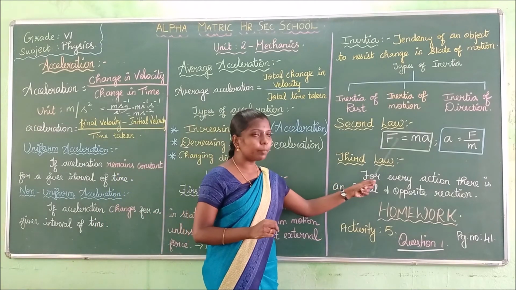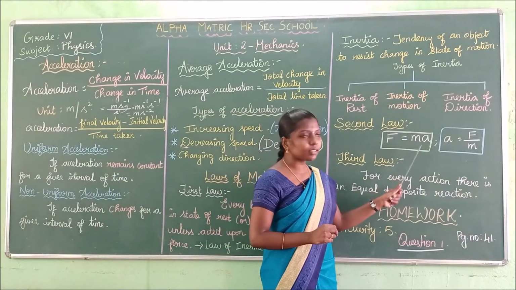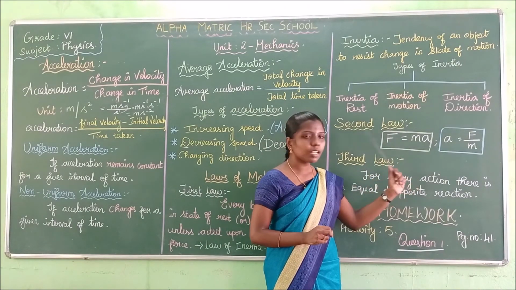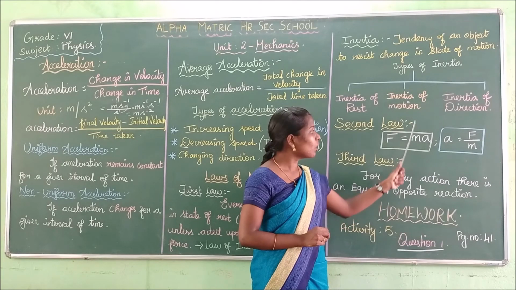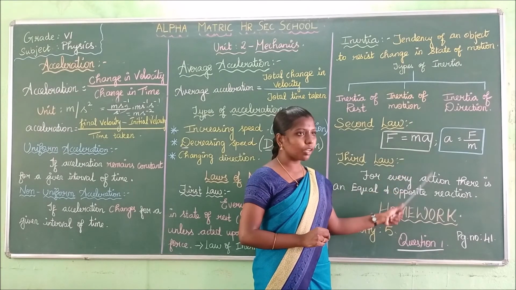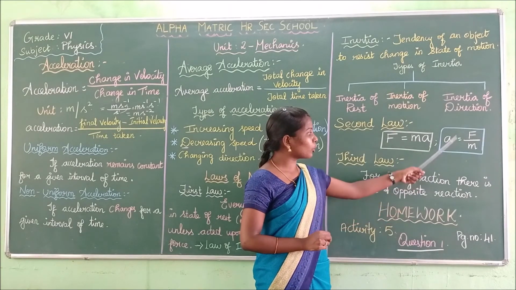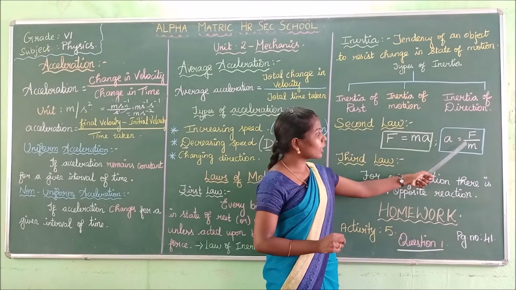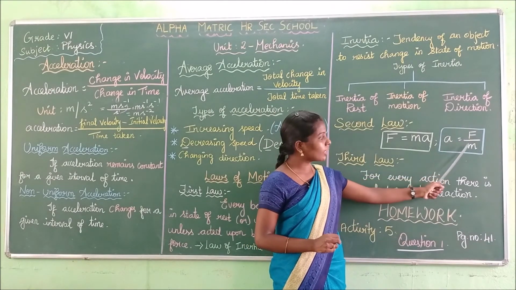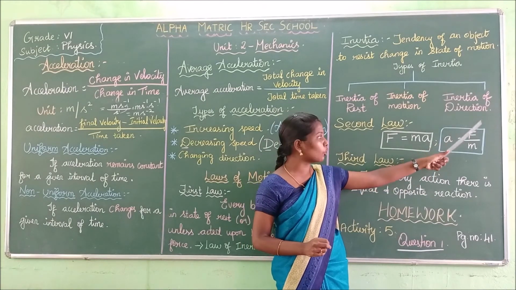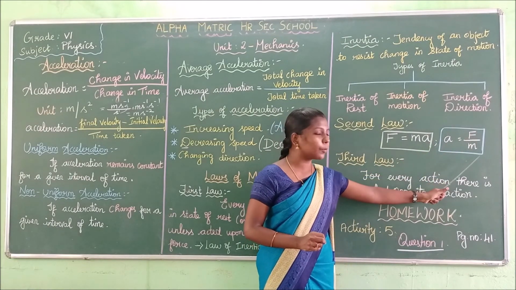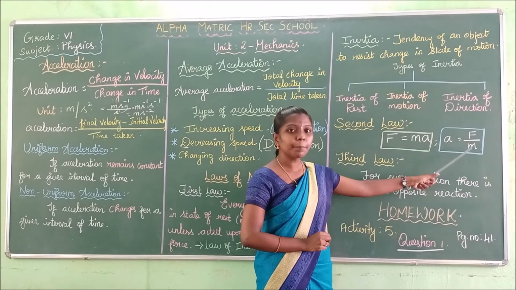Force is directly proportional to m times a, where m is mass and a is acceleration. Now acceleration is directly proportional to force and inversely proportional to mass of a body.